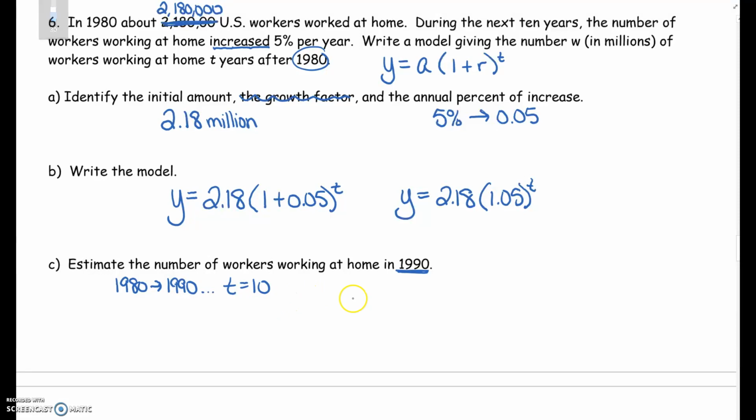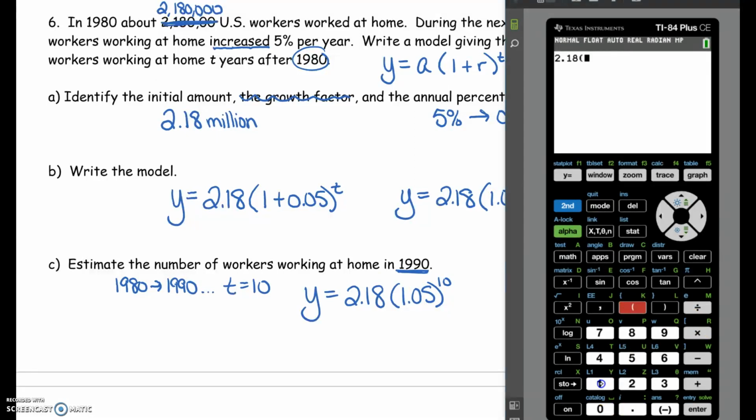And you're going to plug this into your calculator. y equals 2.18 times 1.05 raised to the 10th. If you're entering this in your calculator, you need to keep in mind that you have to do exponents before multiplication. So if you're going to enter it in step by step, do the exponent part first, then multiply by 2.18.